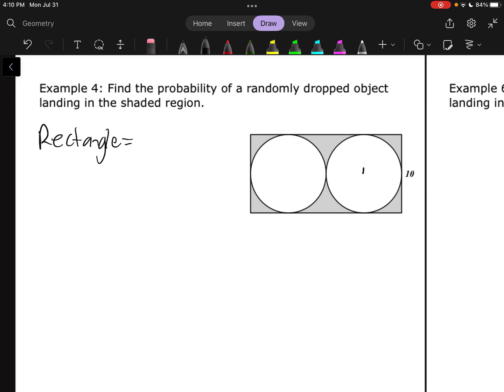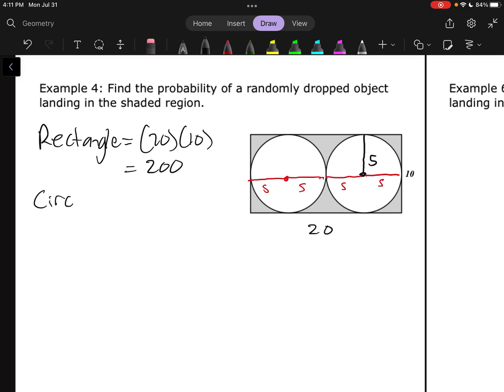Okay, so if the entire height of this thing is 10, that means that the radius of one of these circles is 5, which means that we've got 5, 5, 5, 5, right? So this entire distance going horizontally needs to be 20. So my rectangle will be base times height, 20 times 10, which is 200.